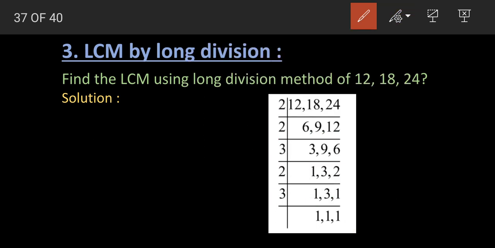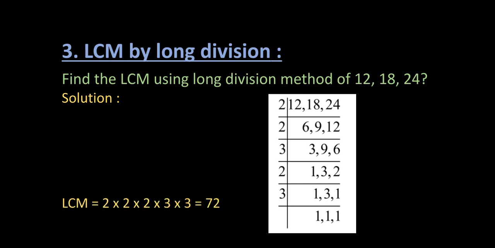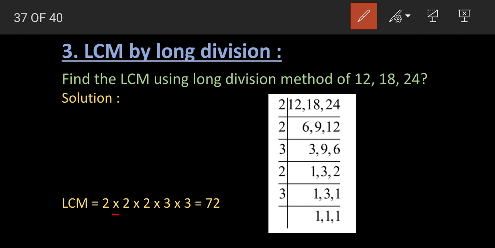Now all of these, that is 2, 2, 3, 2 and 3, are the factors, so you have to write all of these. So the LCM is 2 multiplied by 2 multiplied by 2 multiplied by 3 multiplied by 3. If you multiply all this, we are getting 72.